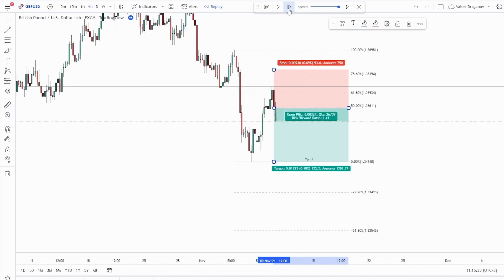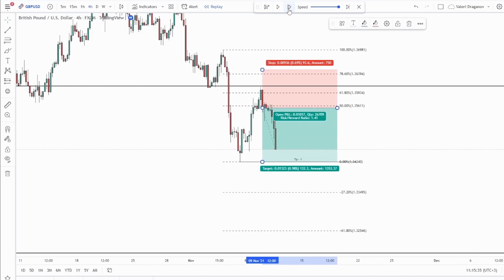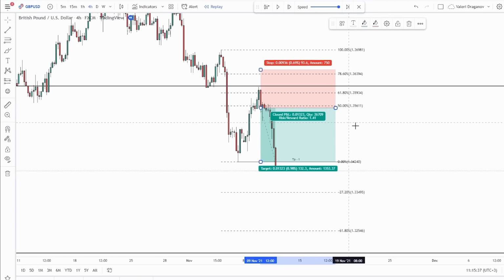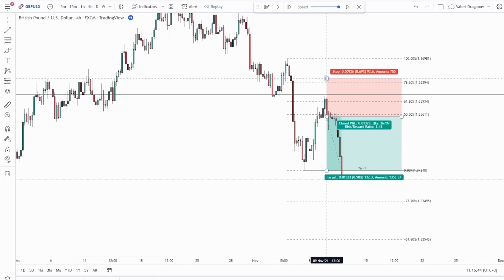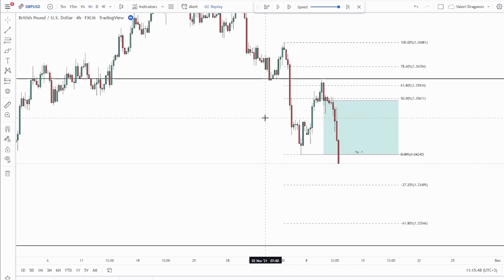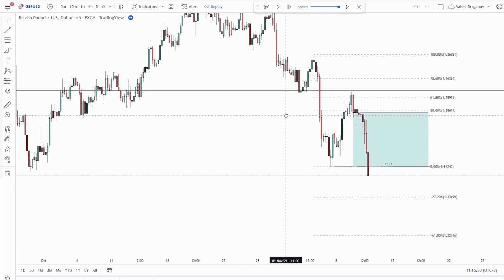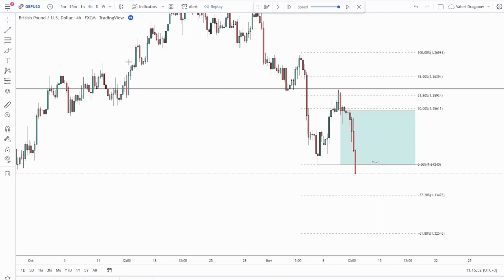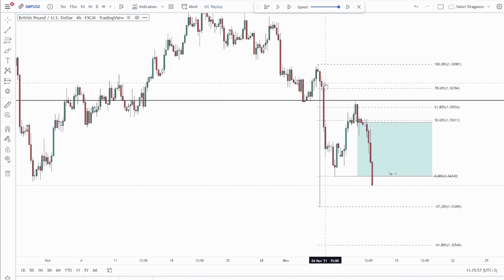Let's see. Here our first take profit is hit. Then we're gonna protect the deal by moving the stop on profit and extend our second take profit to the 27.2 level.